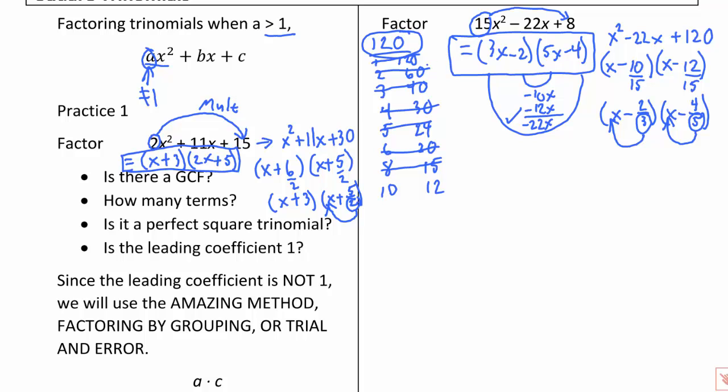So the 1 plus 120 definitely wasn't it, 2 and 60 and so on, all the way down until we finally got to what we wanted, the 10 and the 12. Now notice that if it had happened for the 3 and 40, like if this middle one was a negative 43 instead of negative 22, I would have just stopped right there. There'd be no reason to keep going. So just be sure to keep going until you get the numbers that you want.